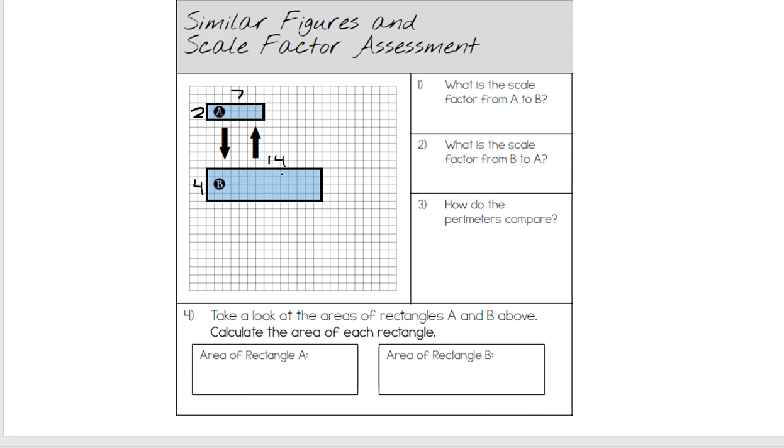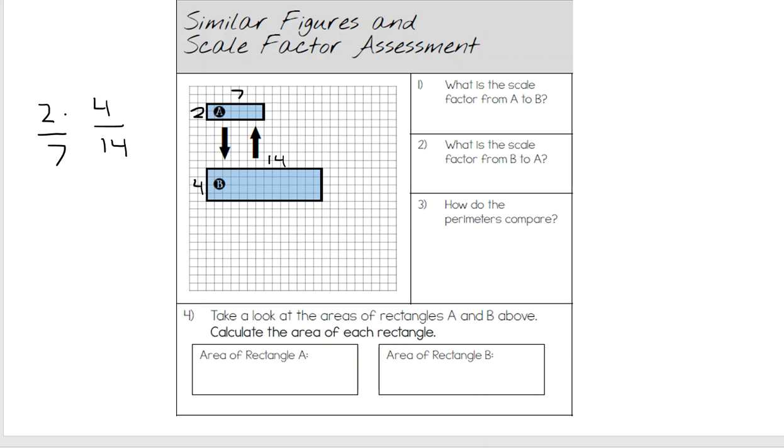And it is a 4 by 14. Okay, so if shape A is 2 by 7 and shape B is 4 by 14, we have to figure out what shape B was enlarged by.